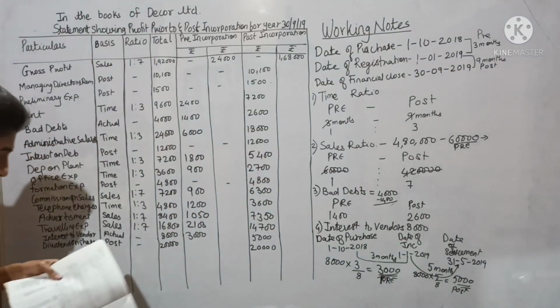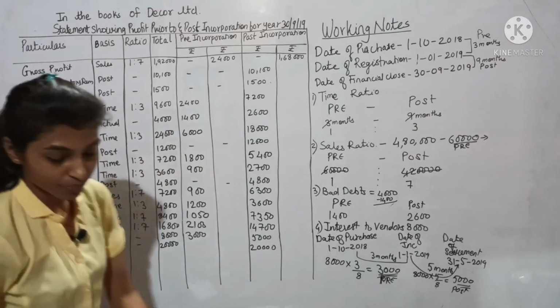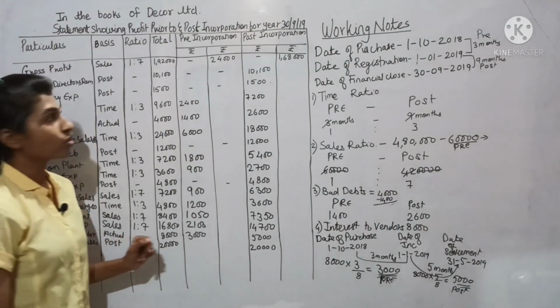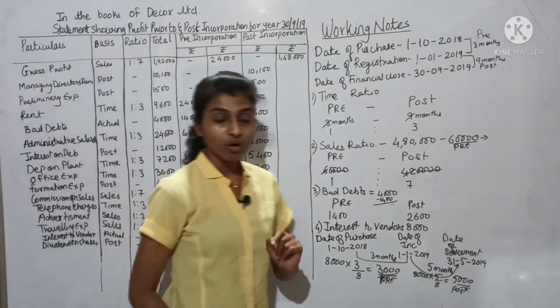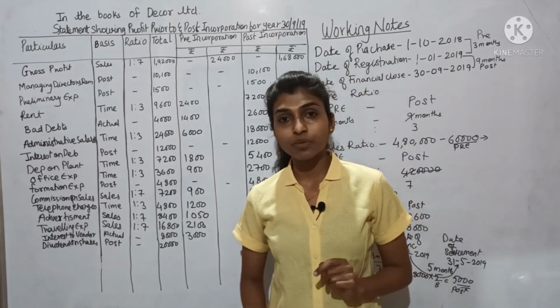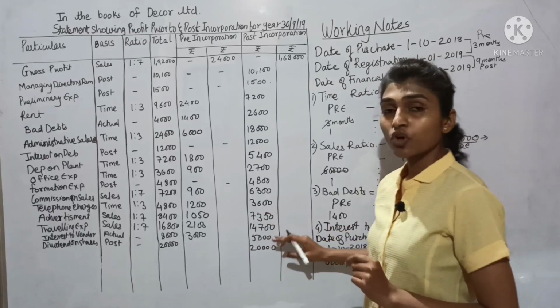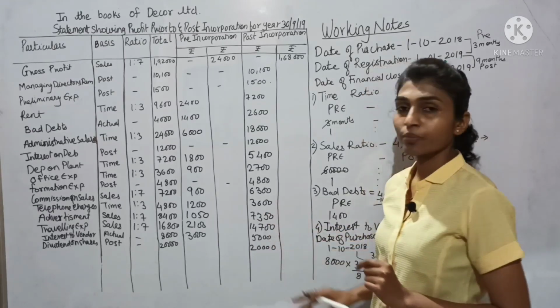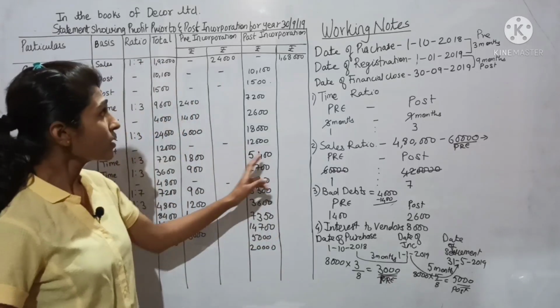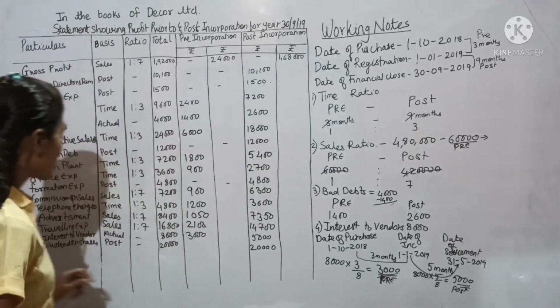Okay, so all the entries we have passed. Now we have to find the net profit. Whatever profit you earn in pre-incorporation will be called capital profit, and whatever profit you earn in post-incorporation will be called revenue profit.